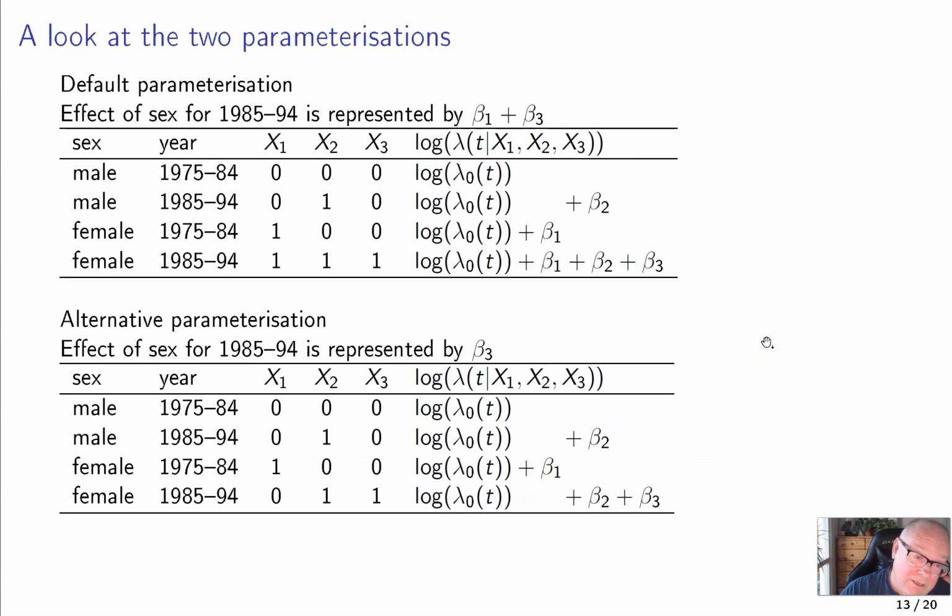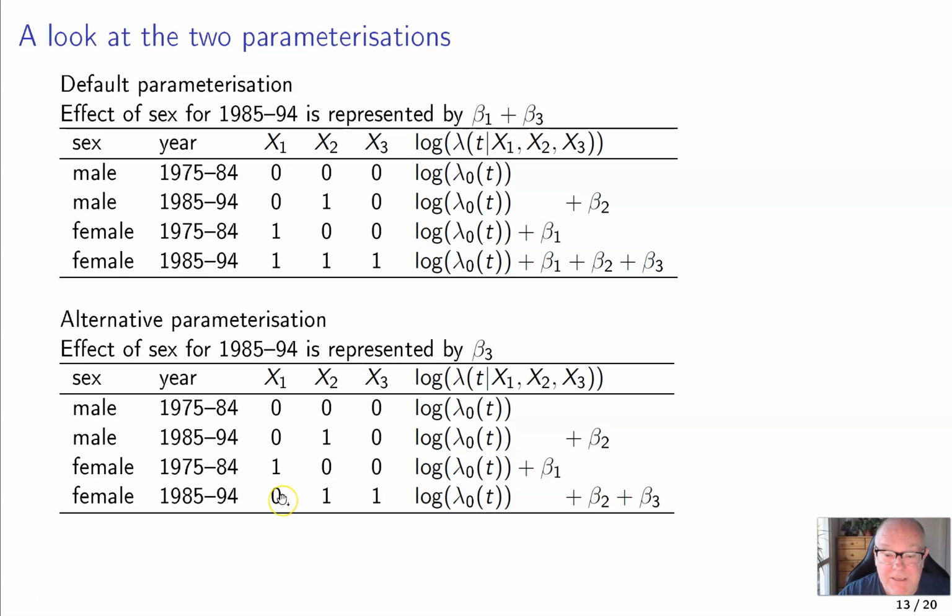Now, let's have a look at the two parameterizations. So here's the default parameterization. And here we have the alternative parameterization. And in the alternative parameterization, what our software is doing in the background is changing this 1 to a 0.